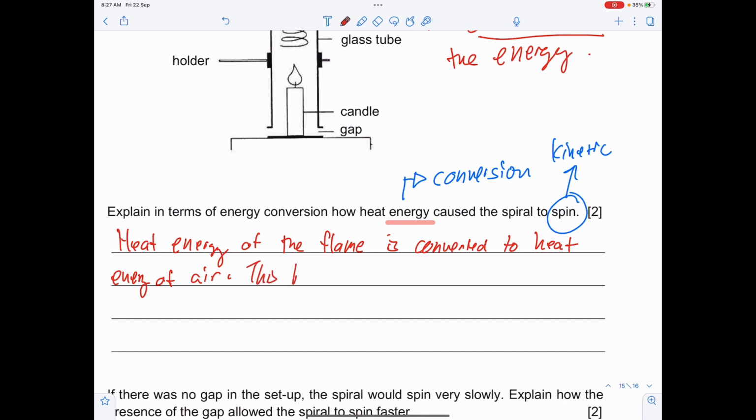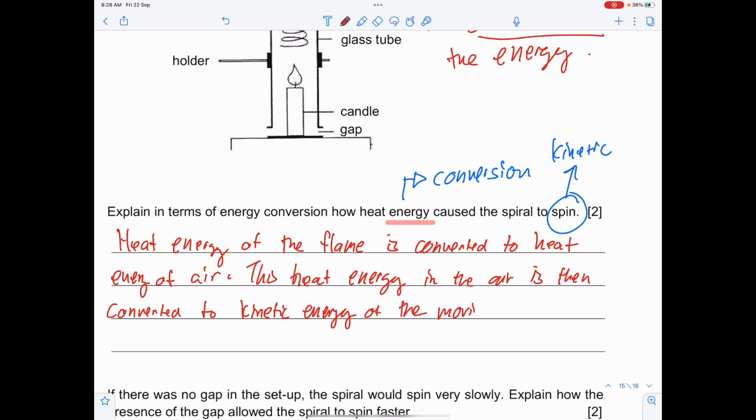This heat energy in the air is then converted to kinetic energy of the moving air, which is then converted to kinetic energy of the spinning spiral.